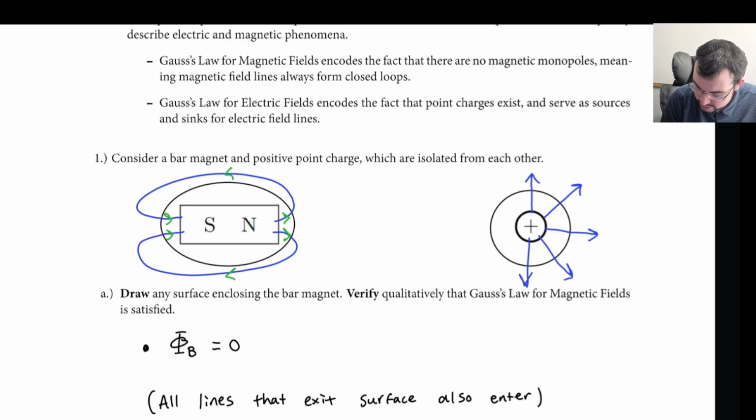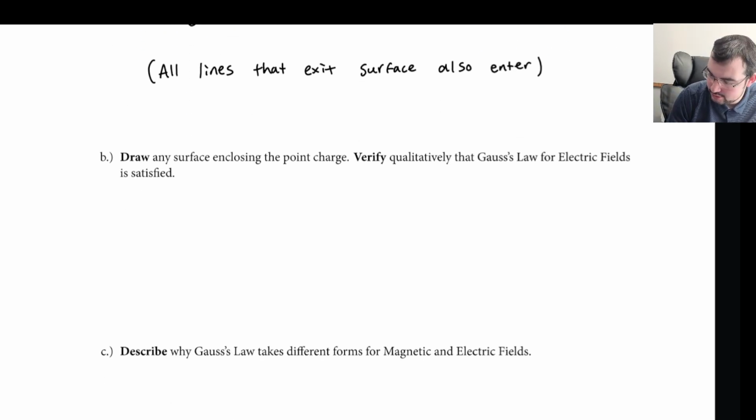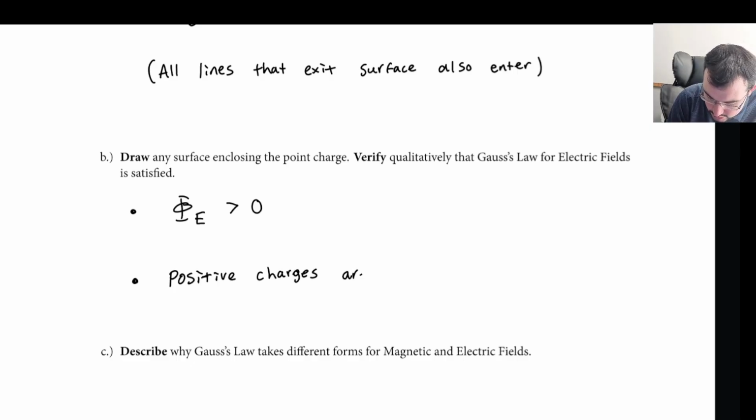Our field lines are going to point radially out of this point charge. And of course, they're never going to come back. So for Gauss's law with electric fields, our electric flux is positive, because this means that positive charges are sources of field lines.